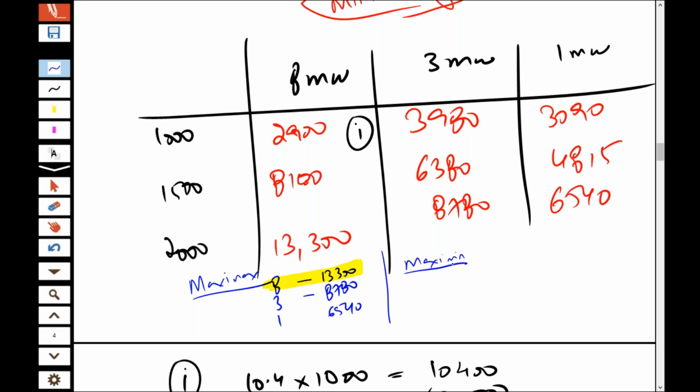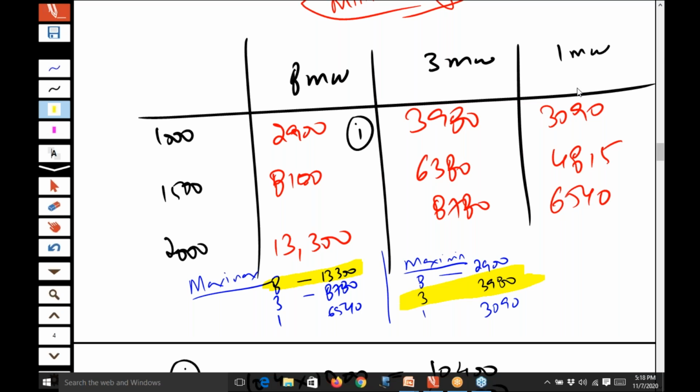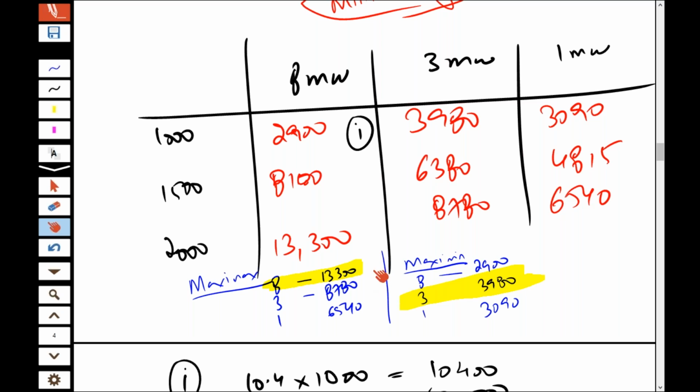If you go for maximin, you need to identify the minimum value of each: 2,900 for the 8 megawatt. So the resulting answer is: maximax is 13,300, the 8 megawatt. Maximin is the 3 megawatt, 3,980.